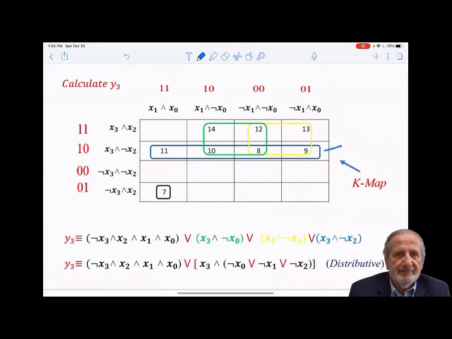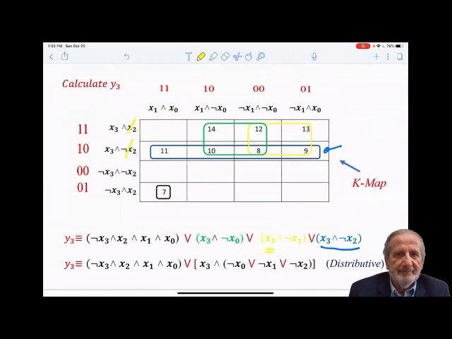The blue is X3 and not X2. The yellow from the left, X2 cancelled, not X2, you have X3.